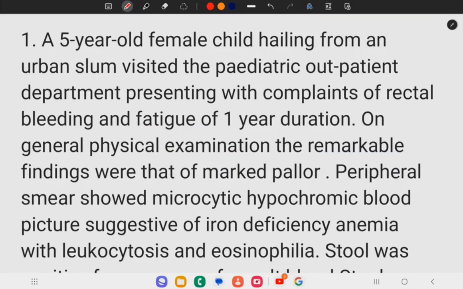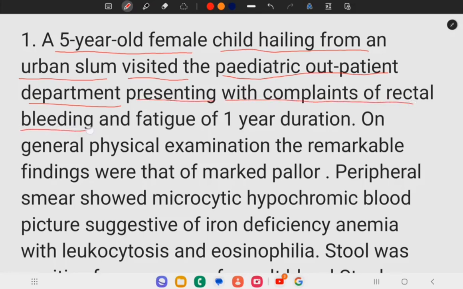A 5-year-old female child hailing from an urban slum visited the pediatric outpatient department presenting with complaints of rectal bleeding and fatigue of 1 year duration.